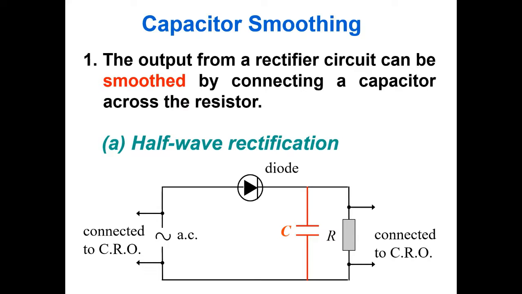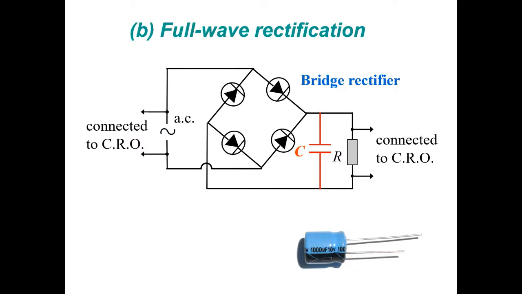If we want to smooth the current produced, we add in a capacitor. The capacitor must be connected in parallel with the resistor. And this one is the full wave rectification, where the capacitor is also connected in parallel with the resistor.